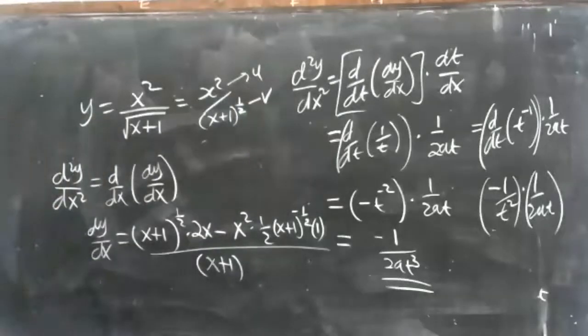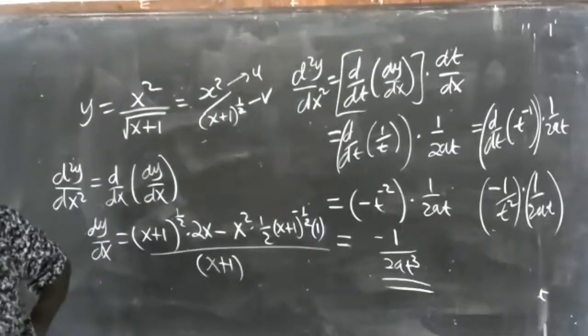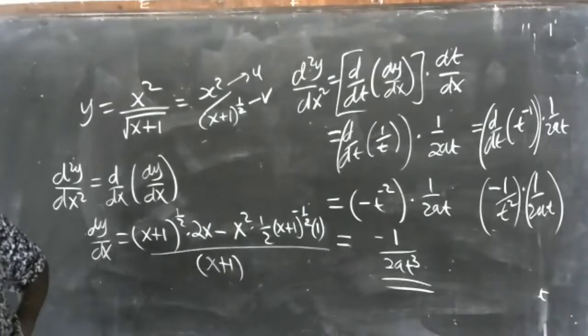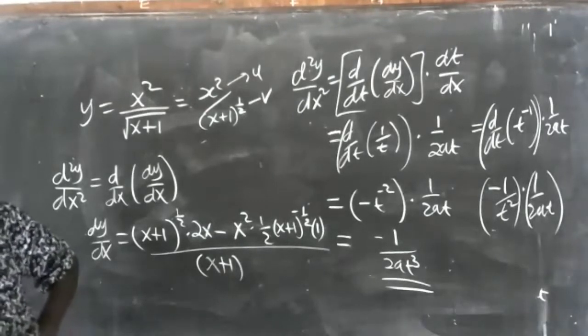Please slow down. We did the quotient rule with you ladies. You've already forgotten. It is v du/dx minus u dv/dx over v squared. I hope you're now experts there.